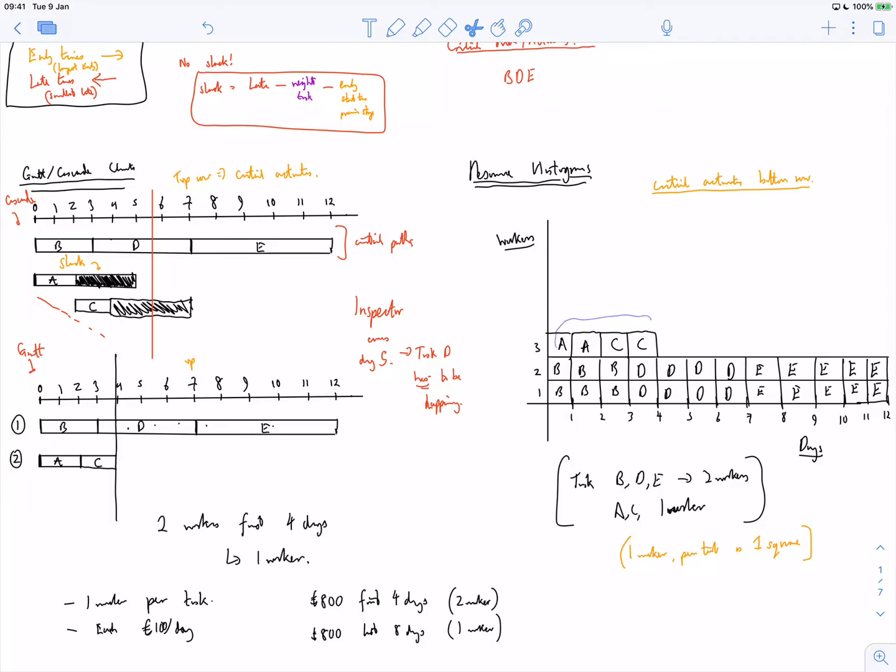Then you just redraw this again, and slide this over, so it could be there. It's not difficult. There's no algorithm for it. You just slide things along and see where they can fit. The one thing I would say though is the critical activities always do need to be on the bottom row. Okay, and that's pretty much it.